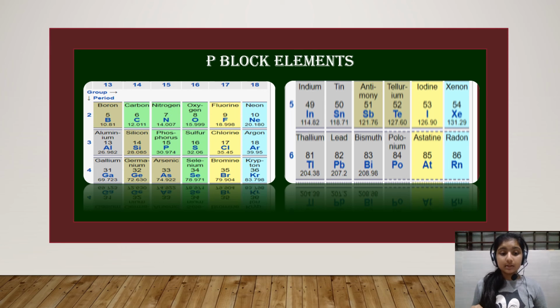These numbers in the middle, 5, 6, 7, 8, 9, 10, and so on, are the atomic numbers of these elements. The atomic numbers are kept on the basis of the protons present in the nucleus. Okay, and the amount of protons is equal to that of electrons.